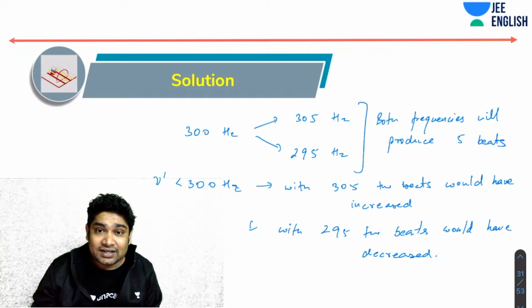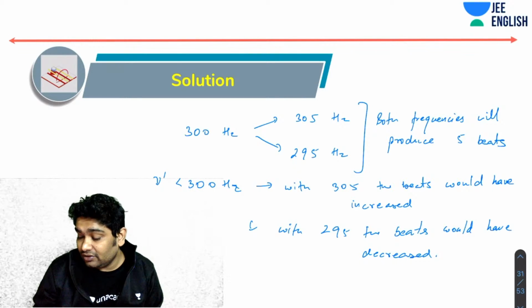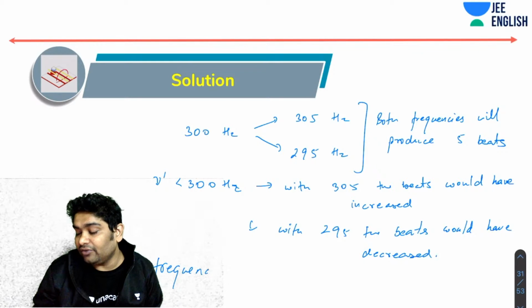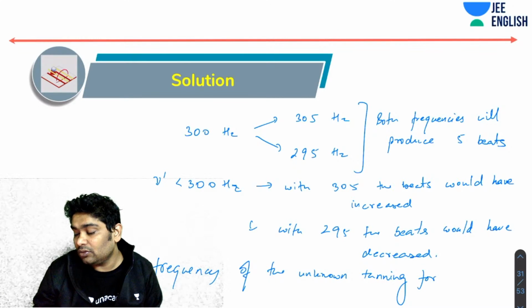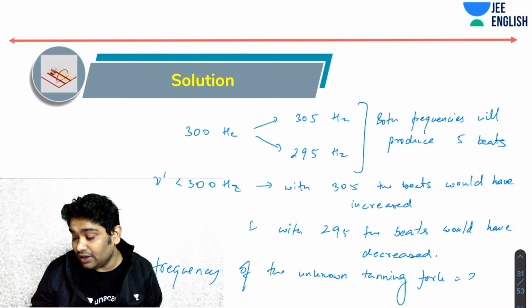So obviously the answer is 295. Therefore, the frequency of the unknown tuning fork is 295 hertz.